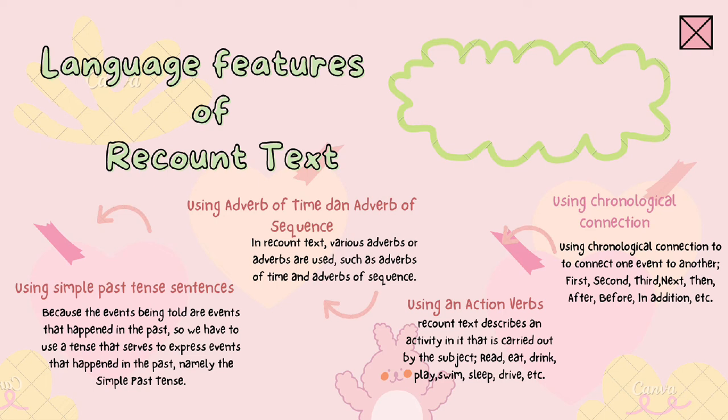The third is using action verbs like read, eat, drink, play, swim, sleep, drive, etc. The last one is using chronological connectives to connect one event to another event, like first, second, third, next, then, after, before, in addition, etc.